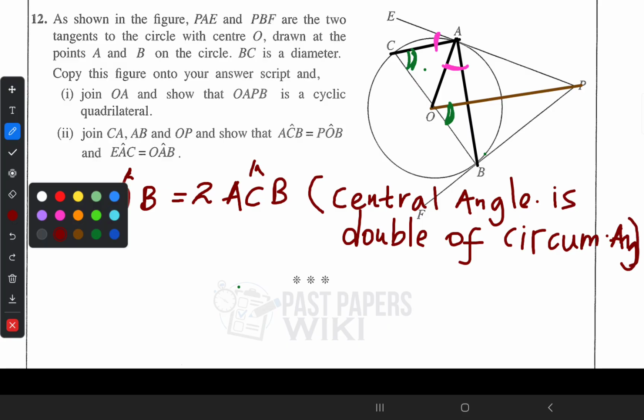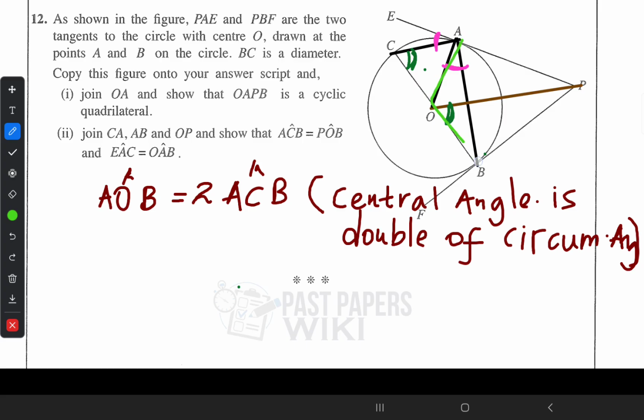Then we can write this total angle AOB. AOB can be split into two equal portions, because when you connect the intersection of tangents and the center, that will bisect this total angle.